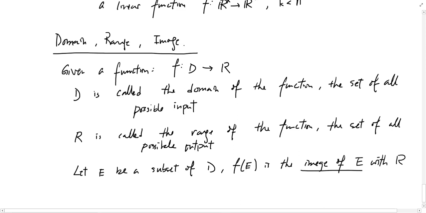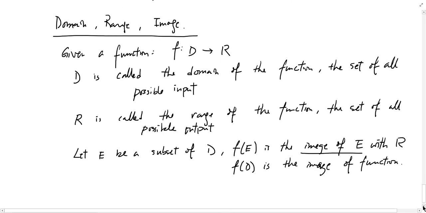So the image is the actual output of the function, while the range is just all possible outputs. And if I say f of the entire domain, that's called the image of the function. Now, I know it might sound a little confusing, but actually it's not.